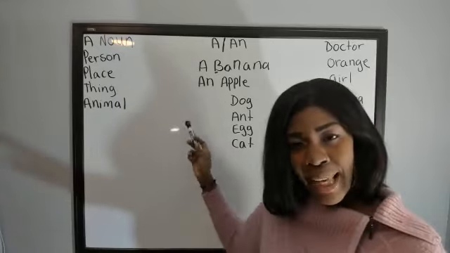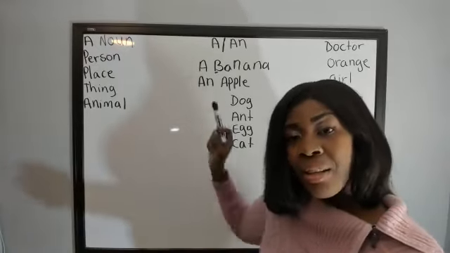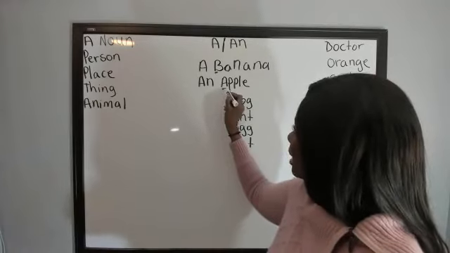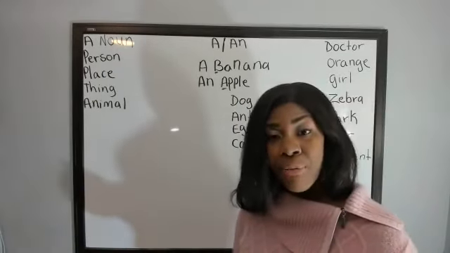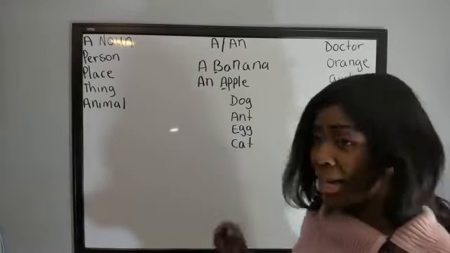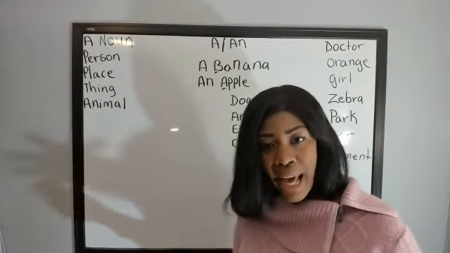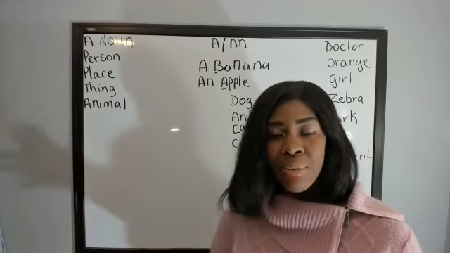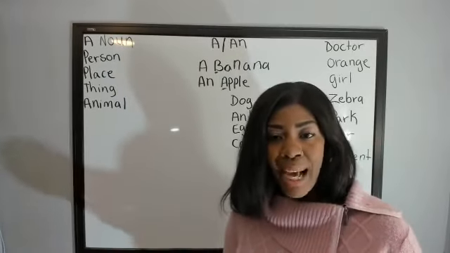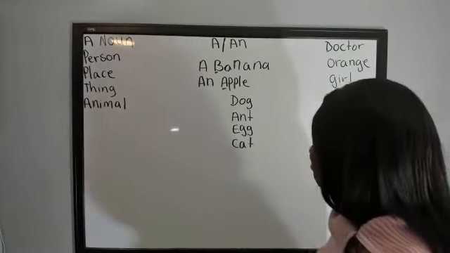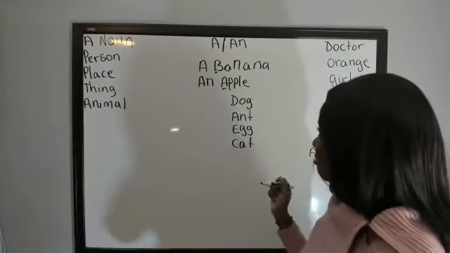Why do I use an instead of a? Because the first letter is a vowel, so I have to use an with that. I cannot say a apple, I have to say an apple. When you are pronouncing it, you have to pronounce it as if it was one word: an apple.